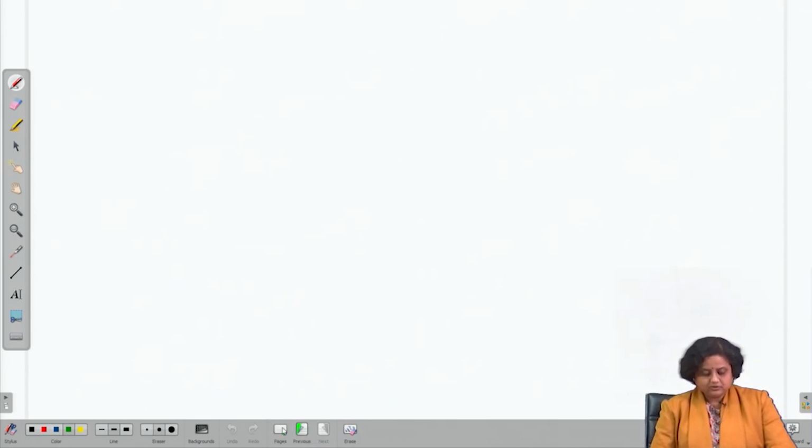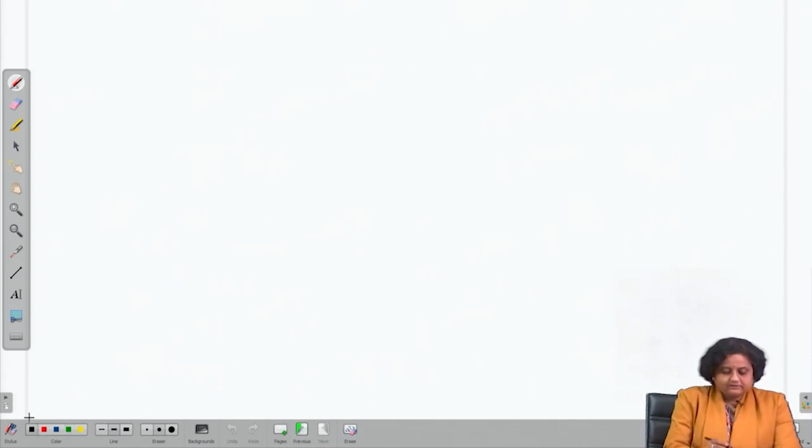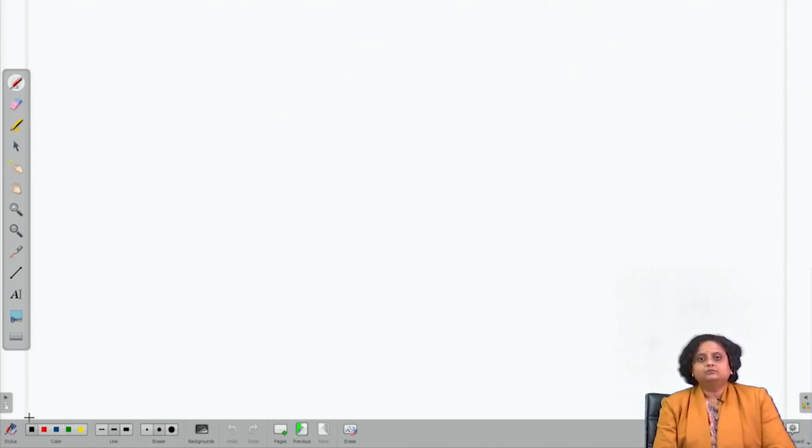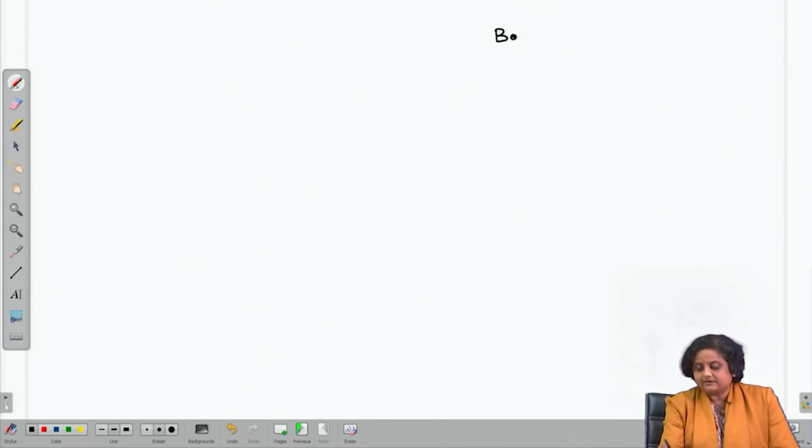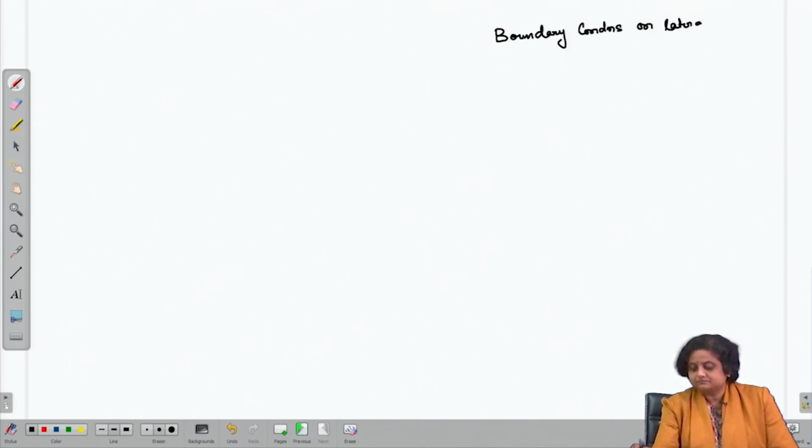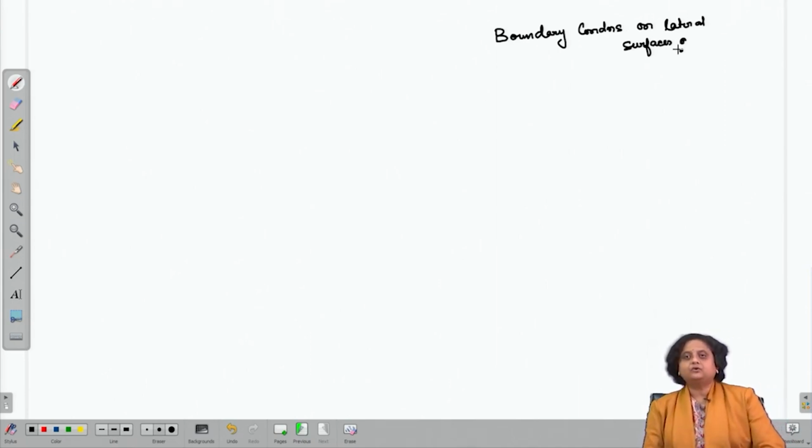So, similar to the torsion of circular shaft, let us first check whether the boundary conditions on the lateral surfaces are being satisfied.